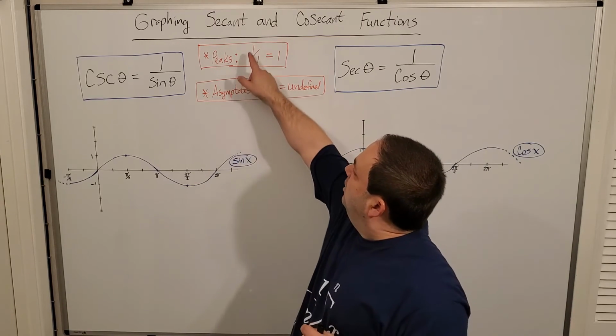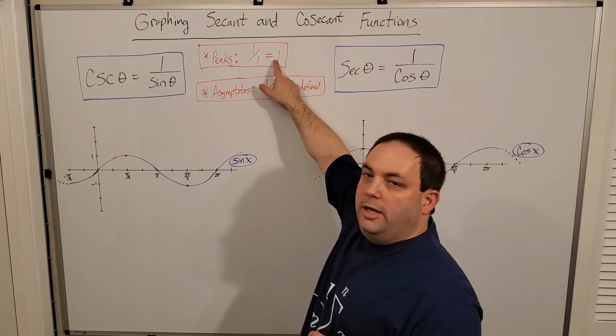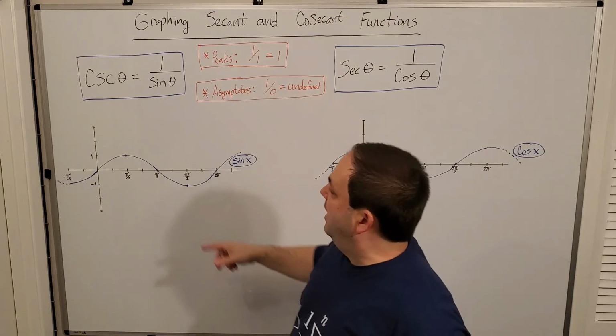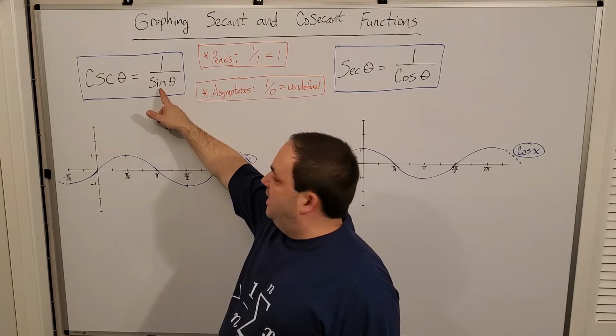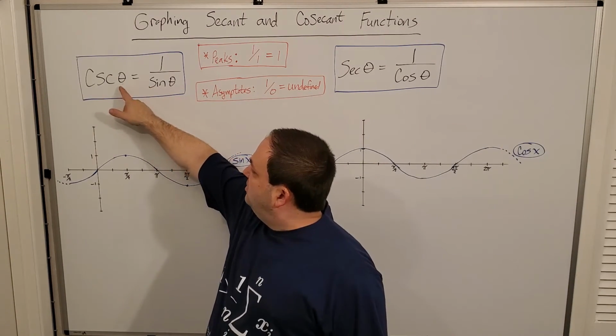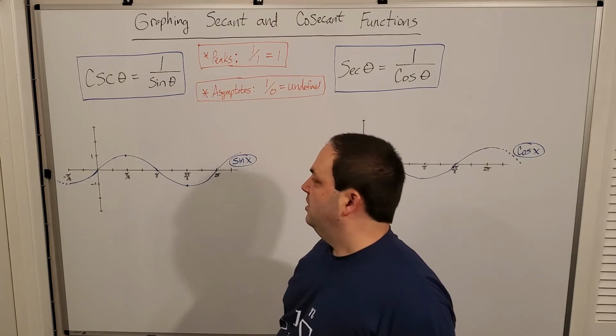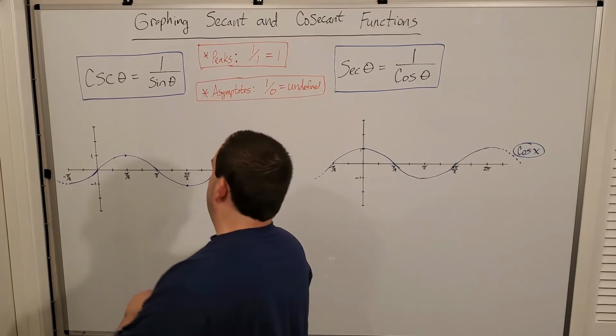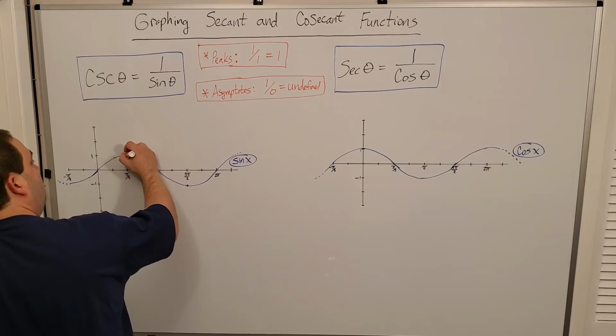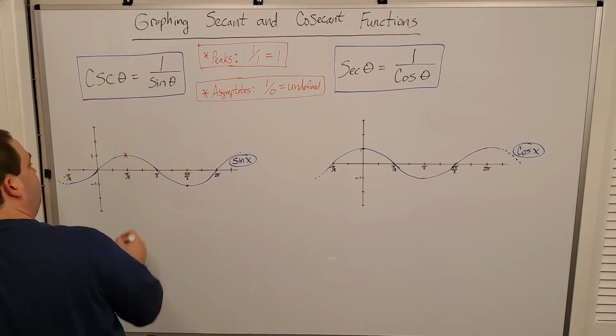The fact that 1 over 1 is 1 tells me that whenever sine is 1, cosecant is also 1. So in other words, the graph of cosecant is going to share this point right here.